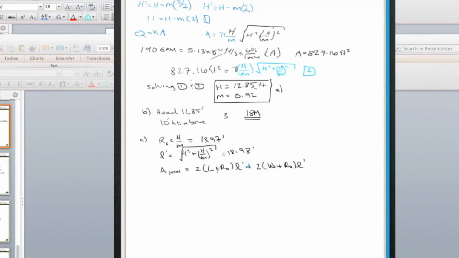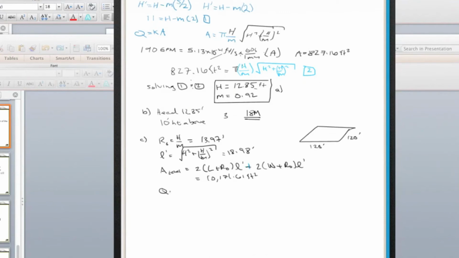So this is the length being the entire length of the excavation site and width being the entire width. In this problem, it's 120 feet by 120 feet. Plugging that all in, using R0 from up here, L prime from right here, L and W both being 120, we get a total area of 10,171.61 square feet. So that's the total area for the entire excavation.